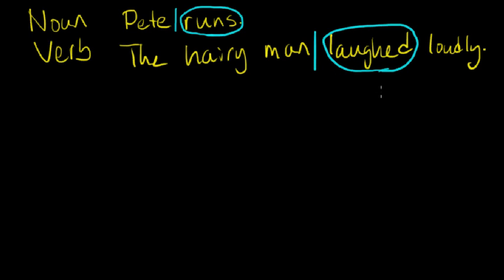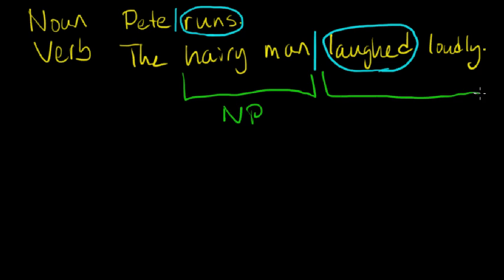Sometimes you might have an adverb before that, but generally your verb comes right after or starts out the verb phrase. So now we know that everything on this side of the line is our noun phrase, and everything on this side of the line is our verb phrase.